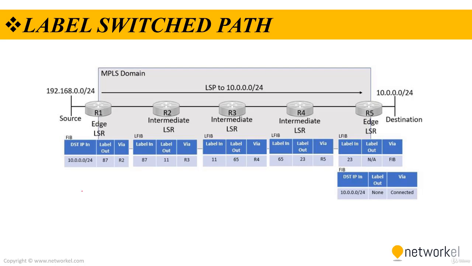In this case, the LSP from router 1 to 10.0.0.0/24 uses labels like 87, 11, 65, and 23. Along the path, each router examines the label to make a forwarding decision, removes the label, adds a new label if required, and then forwards the packet.